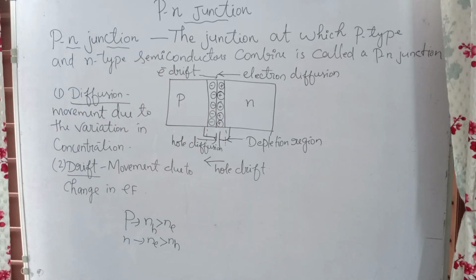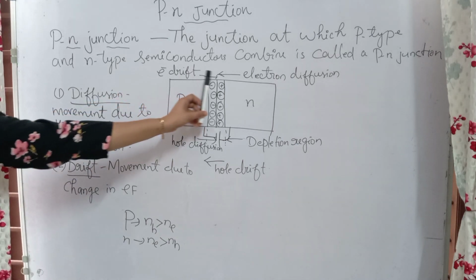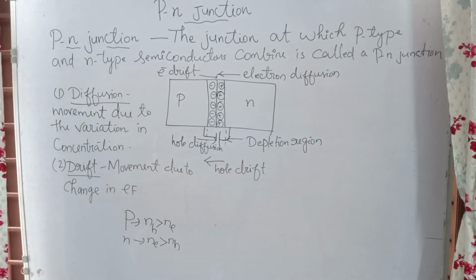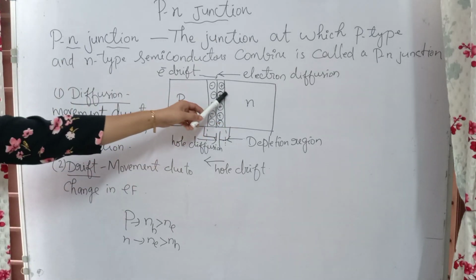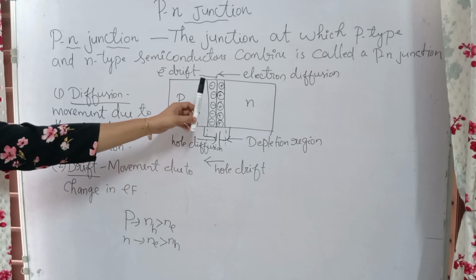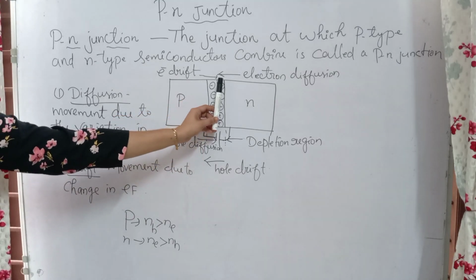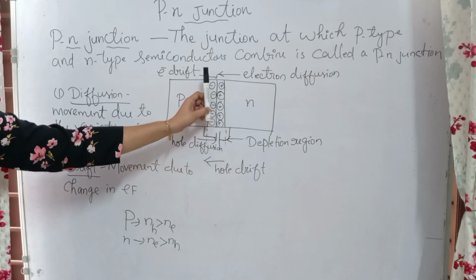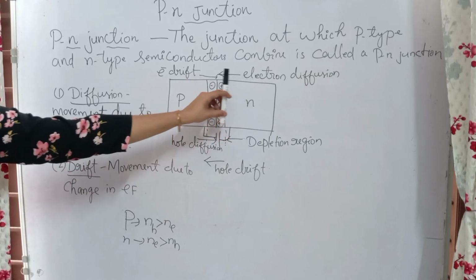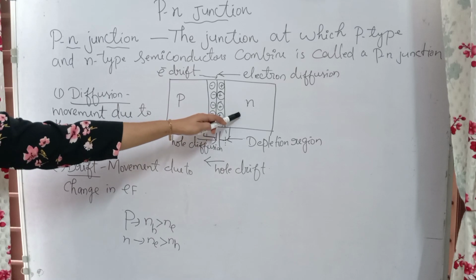Otherwise, we can take a p-type semiconductor like silicon. Suppose the whole thing is p-type material, and now we have to make an n region. For that, at the center we add some pentavalent impurities.